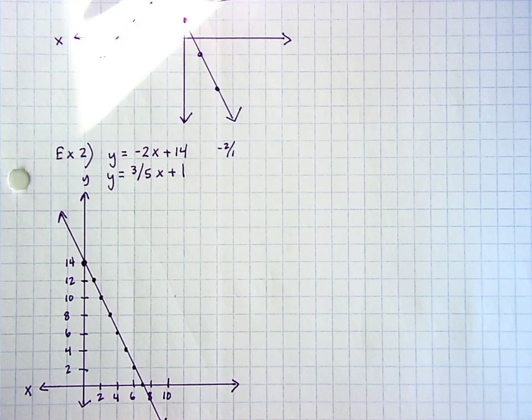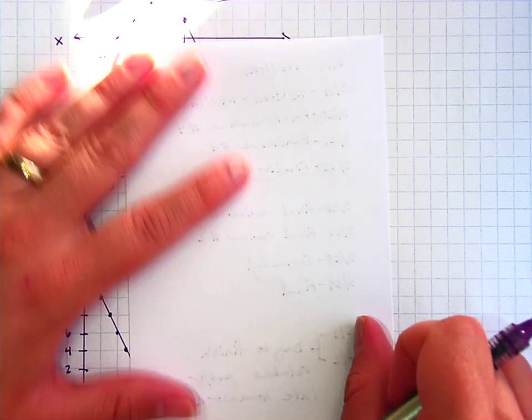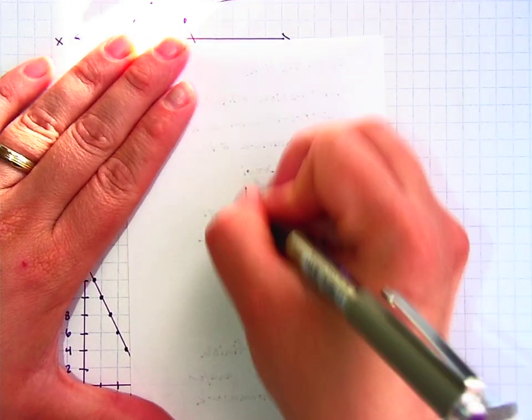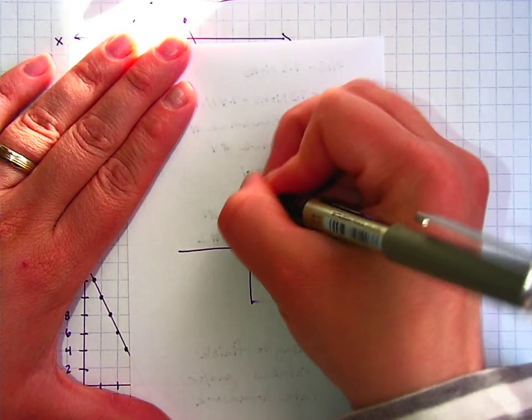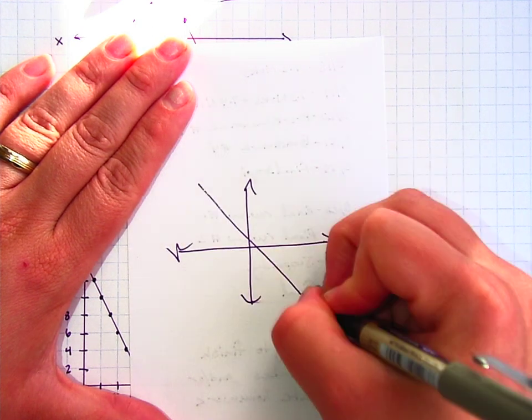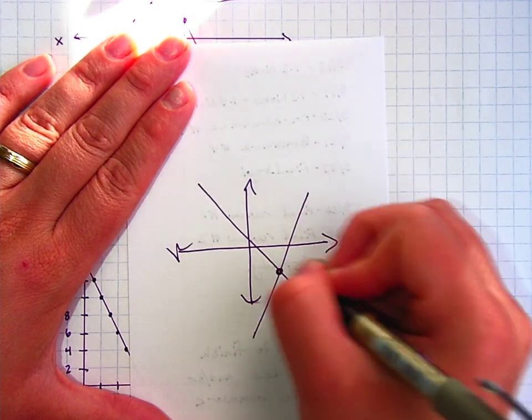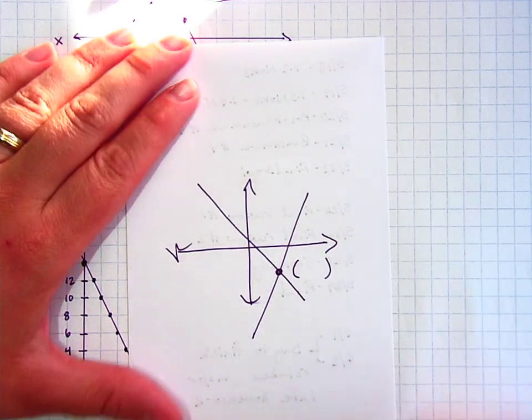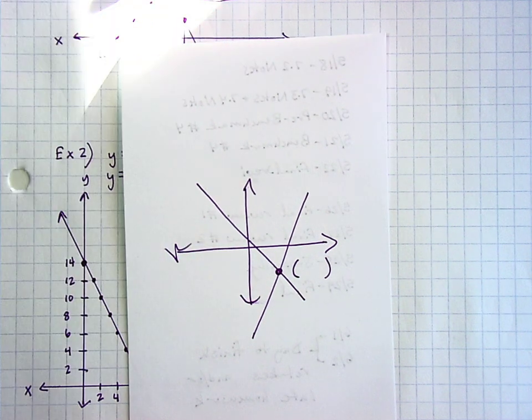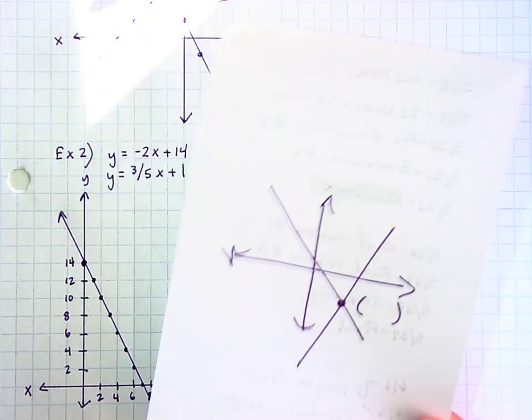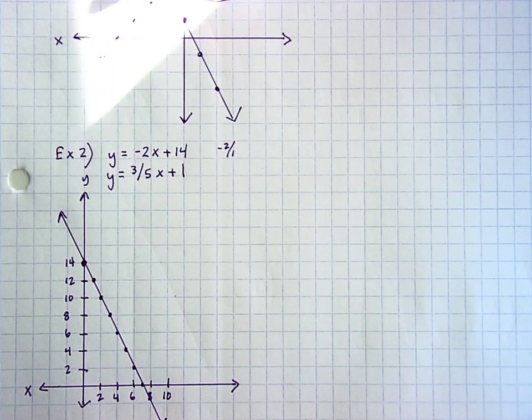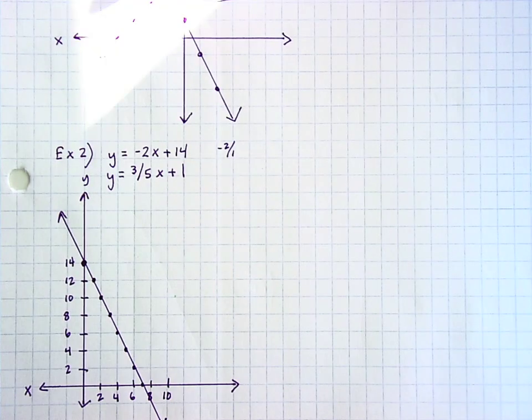I don't want to see homework that looks like this, where it's essentially just, I don't know, there's one line here and one line there and they cross here, that's something, who knows what it is, you know? I want to see it actually graphed out and in the right places. So make sure that you're using graph paper. I can't say it enough today, guys.